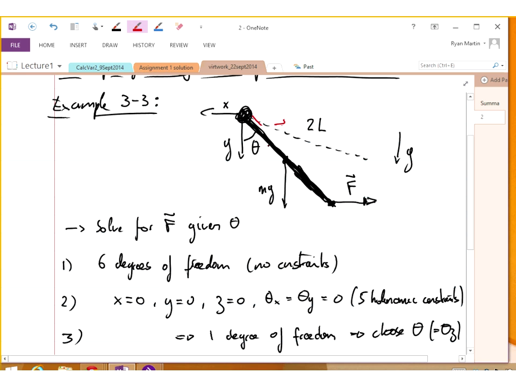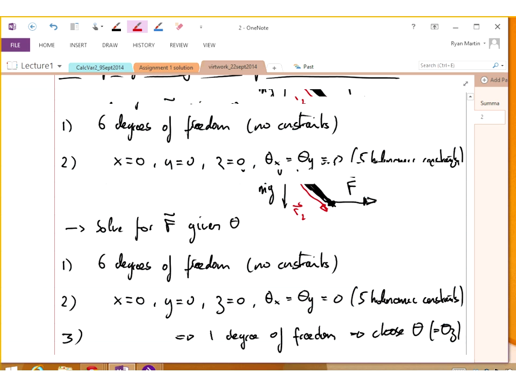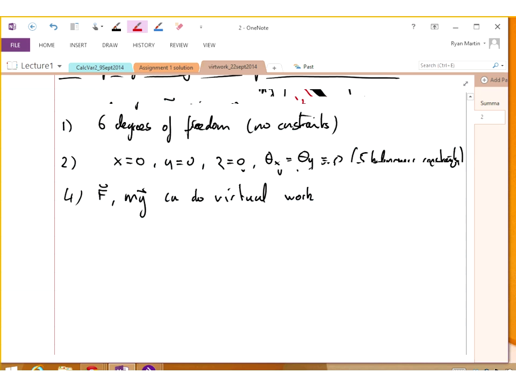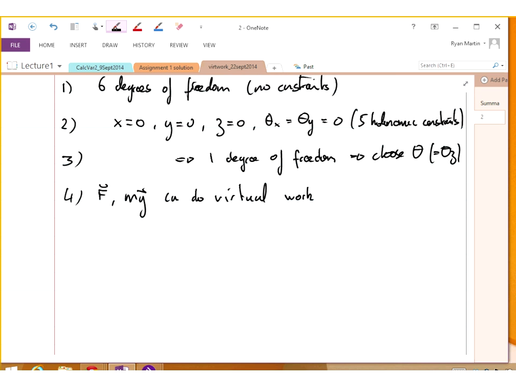And similarly, f acts at a point which we'll label by the vector R2. So what we want are delta R1 and delta R2. And sort of intuitively, you know that those delta R's are going to have to be perpendicular to the rod, right? Well, let's work it out in painful detail.